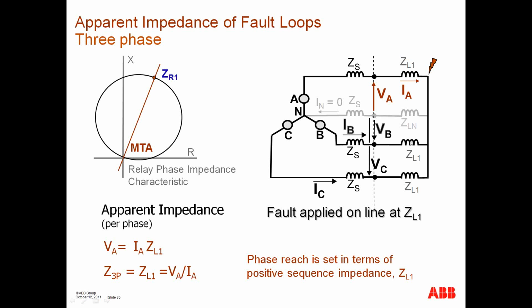Because it's a 3-phase fault, all 3 phases sum to 0. Therefore, in the return path, there is no drop. And so my voltage drop or apparent impedance is ZL1, which is just VA over IA.